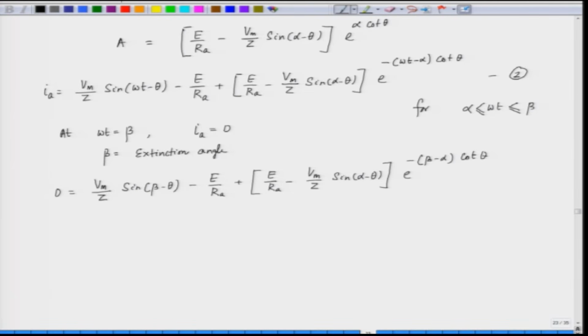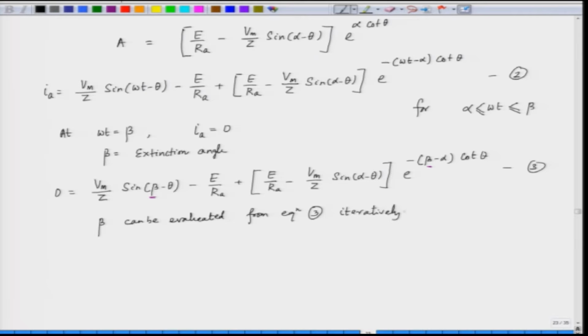Beta can be evaluated iteratively. If you want to find out the value of beta, the extinction angle, it can be evaluated from equation, we can call this equation number 3, iteratively.